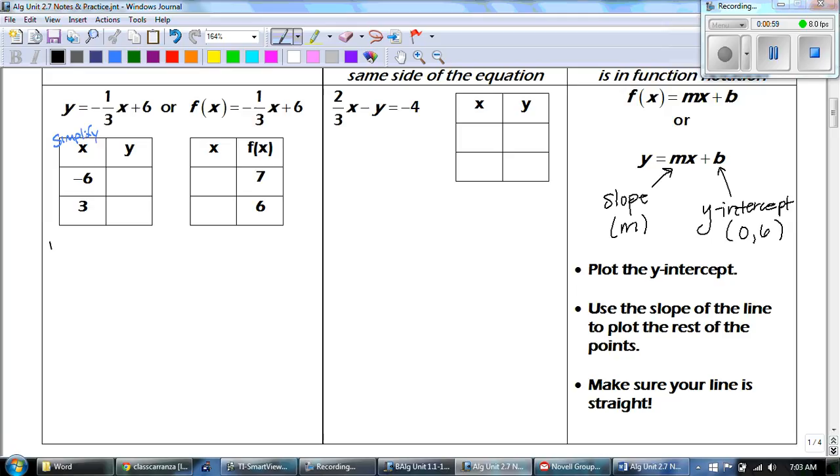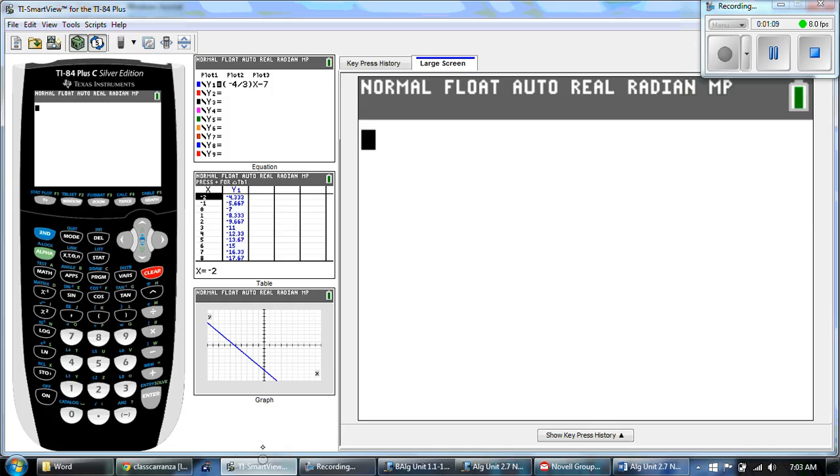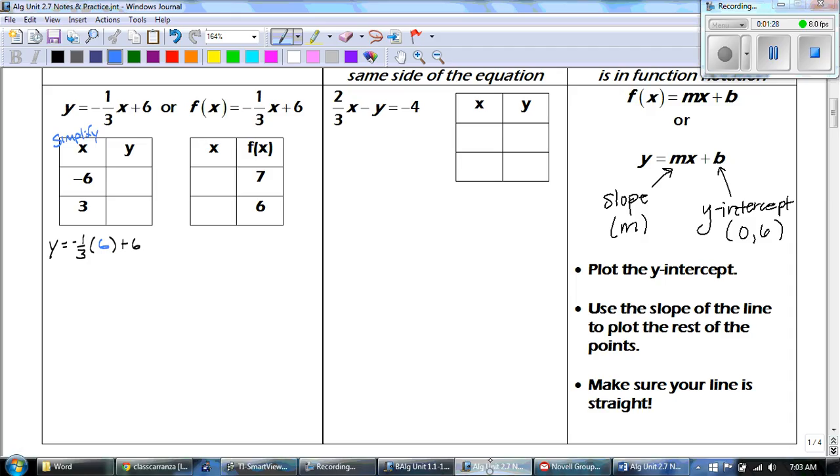I plug in negative 6. Negative 1/3 times negative 6 is 2.